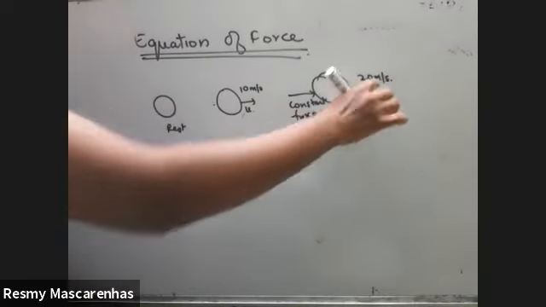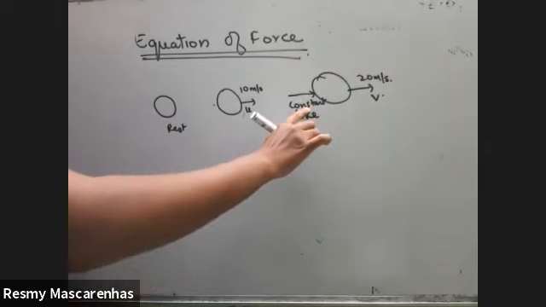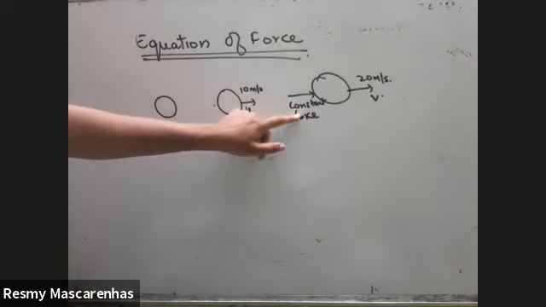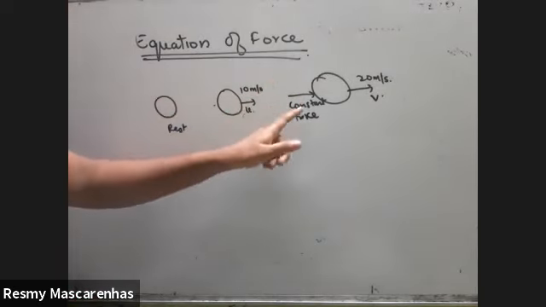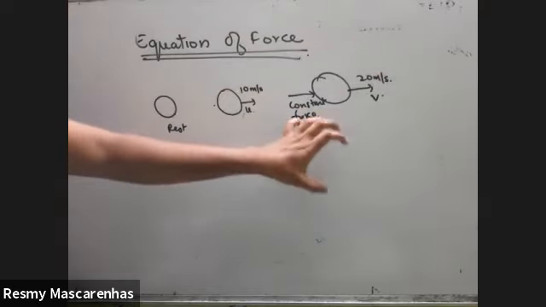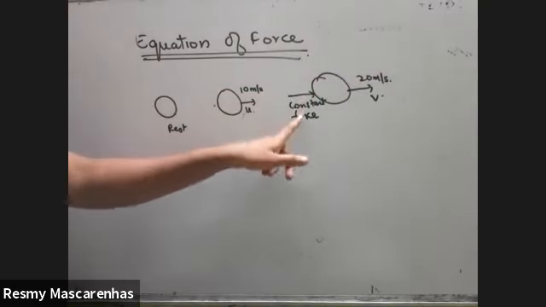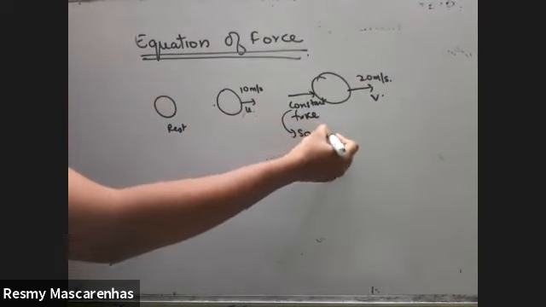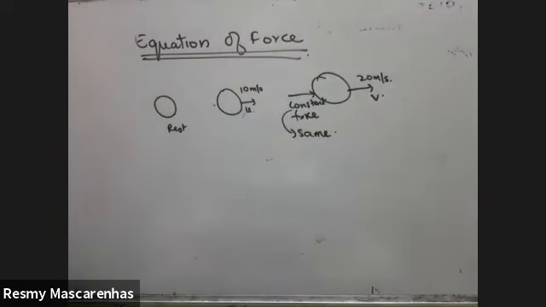Now this 20 meter per second will never change until and unless I'm changing this force. I'm applying a force such that it always remains the same. Only when I change the force, it will either increase or decrease its speed. But if I'm applying constant force, that means the same force I'm applying throughout the motion.